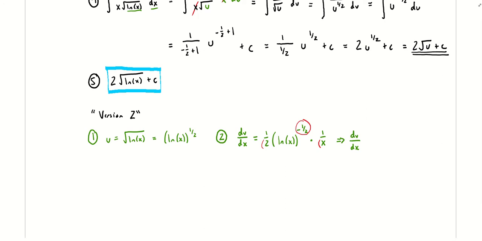So I can actually rewrite this as du dx equals 1 over the 2 from the 1/2 times the x from the 1 over x times the square root of the natural log of x. Because 1/2 as a power gives us the square root. It's negative, so that square root of the natural log of x goes on the denominator.